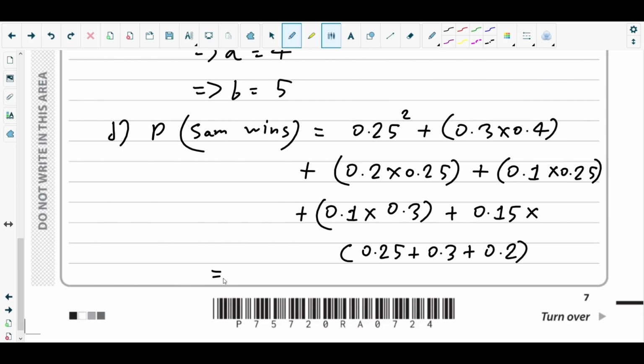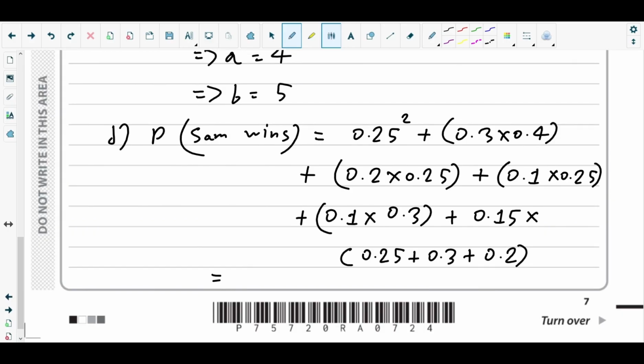So 0.15 times 0.75. That's it. So the total we got 0.4. Okay, so this is the probability of Sam winning the game.